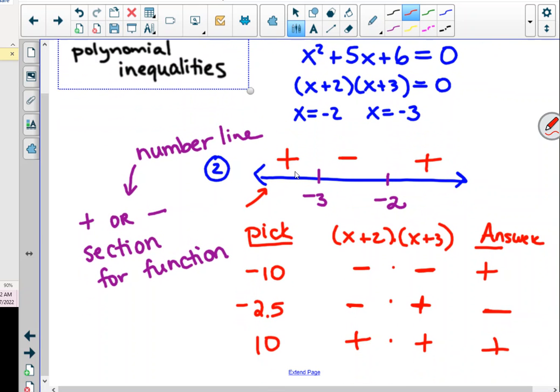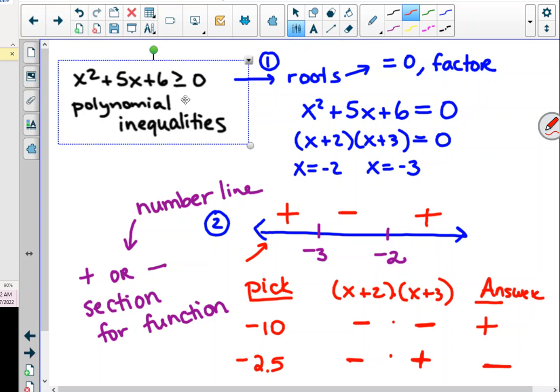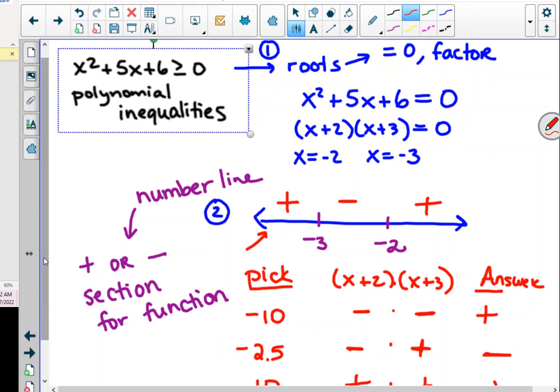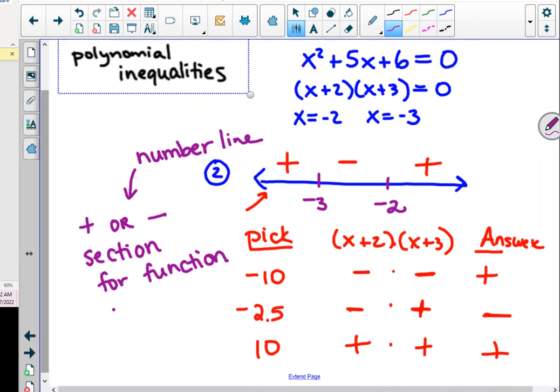So, what the heck did that just tell me? Well, positive is greater than 0. These numbers are the equal to 0 parts. The positive sections are what's going to make my domain.